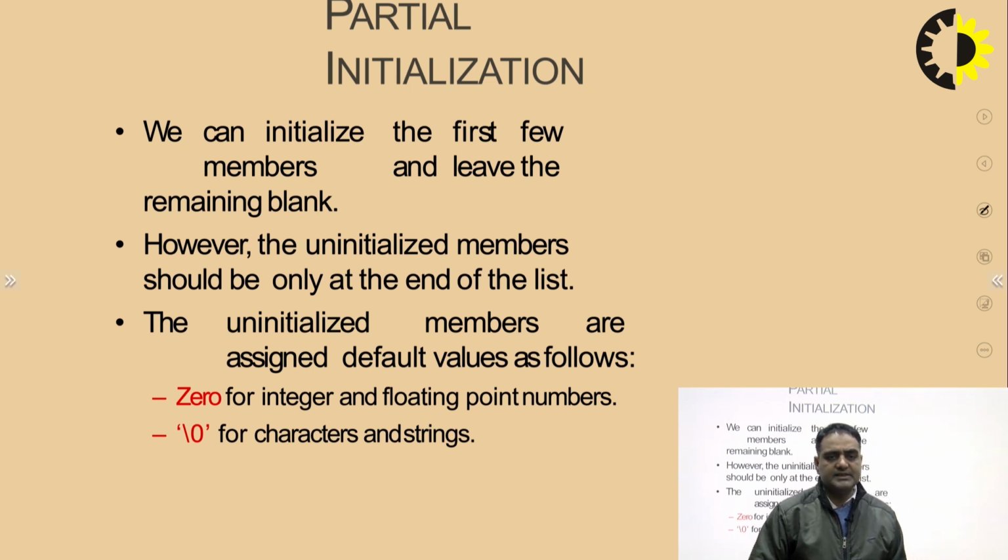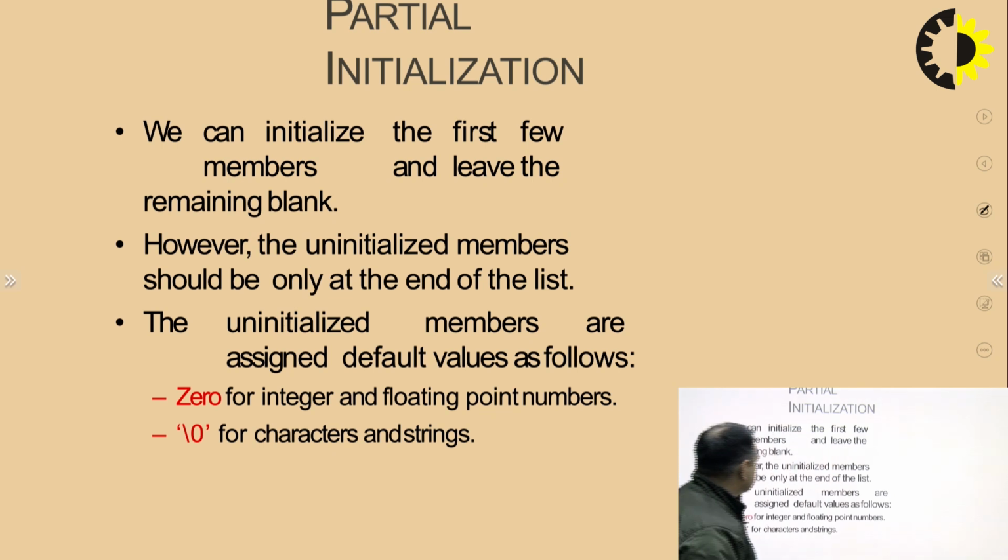In partial initialization, we initialize the starting field members of the structure. For example, we can initialize the first few members and leave the remaining blank. The uninitialized members should be only at the end of the list.